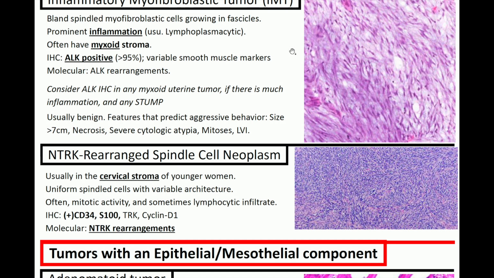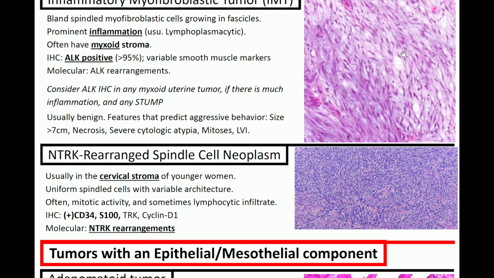So variable for smooth muscle markers, and they're going to have ALK rearrangements molecularly. So if you're in the STUMP category and there's much inflammation, you might want to consider doing an ALK IHC just to rule out an inflammatory myofibroblastic tumor.